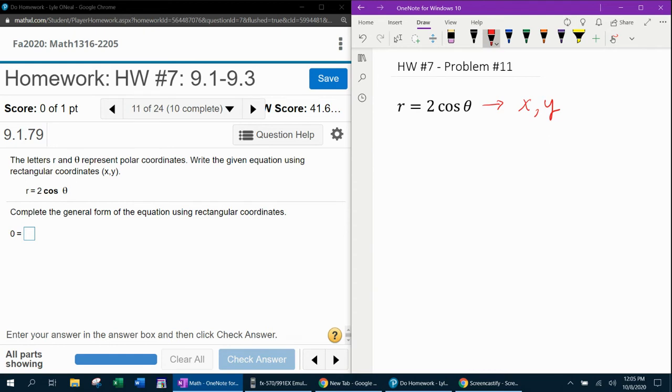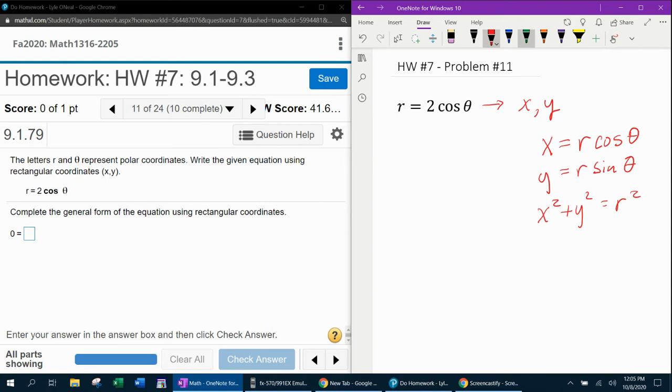And here are the formulas that we're going to use to get there. So we know that x equals r cosine theta, y equals r sine theta, and then the third formula, that I didn't mention in the previous video because we didn't need it, is x squared plus y squared equals r squared. That's basically the Pythagorean theorem.